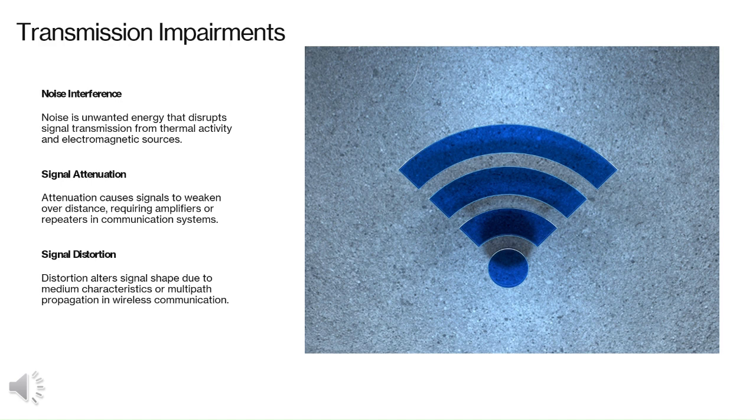Attenuation is a natural loss of strength over distance. That's why we need amplifiers. Distortion changes the shape of the signal, especially in long cables or wireless multipath environments. Understanding this helps engineers design better error correction and stronger signals.